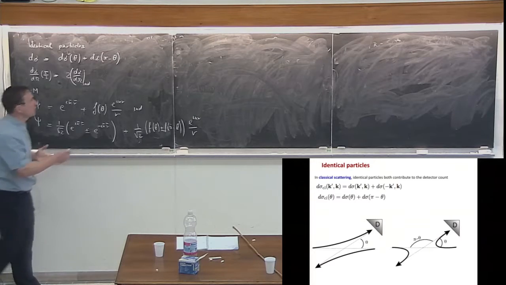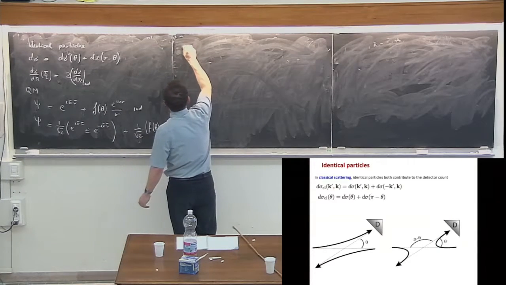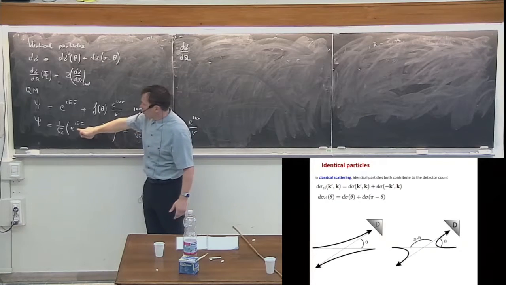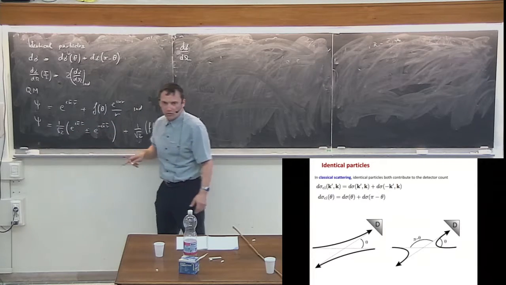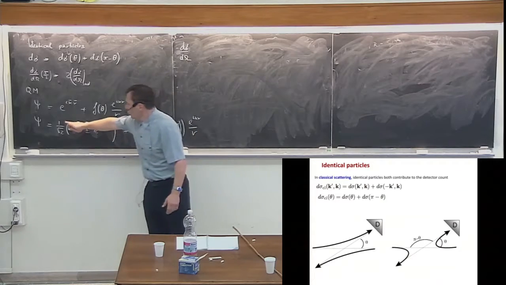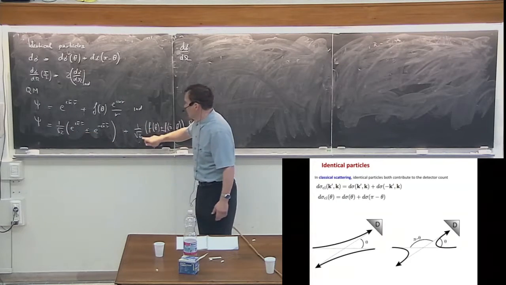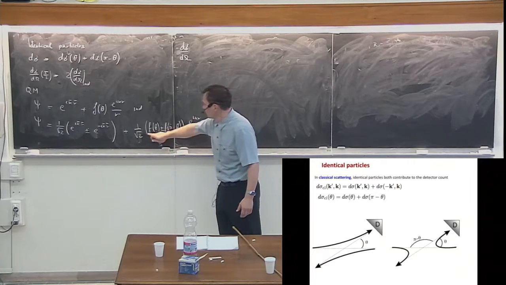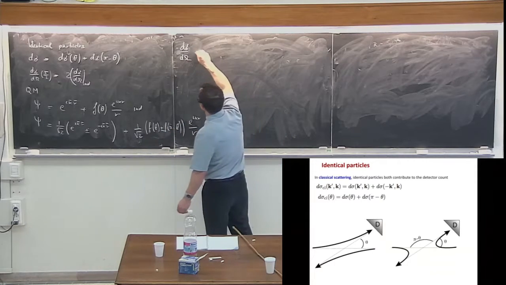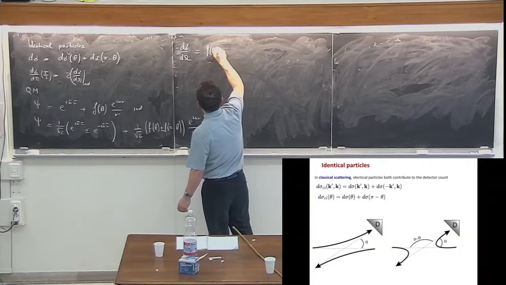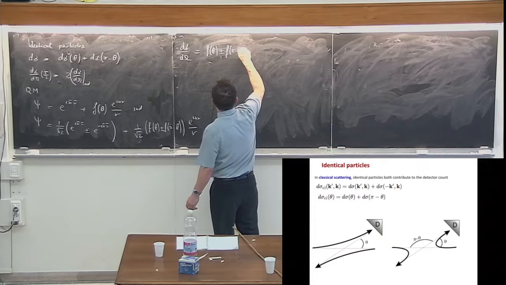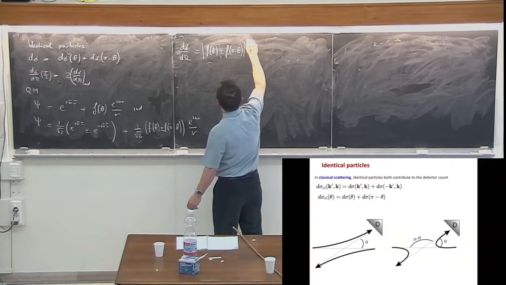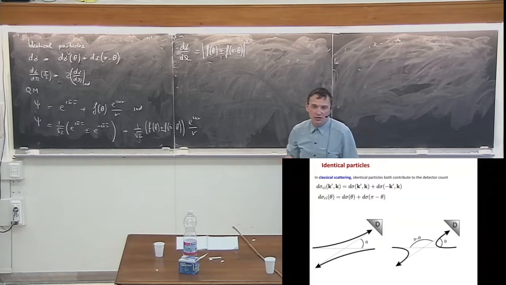The initial flux, the initial current, has 1 over the square root of 2, but squared that gives 1/2. And then in here I have the same 1/2, which will cancel out, and this is my new scattering amplitude. So this is just going to be the modulus of f of theta plus or minus f of pi minus theta, squared, depending on the symmetry, right?